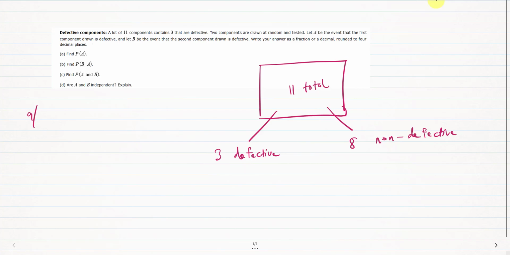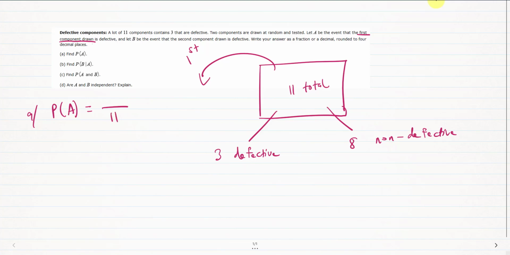They ask you for part A, P of A. This is the probability of getting event A. Event A is the event that the first component drawn is defective. So when I take out the first component, I want this one to be defective. I'm looking for the probability, that means I'm looking for the ratio.